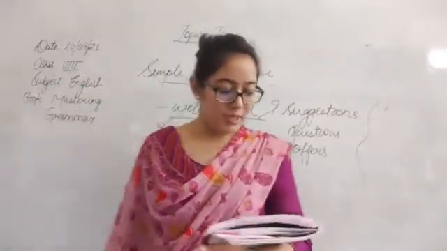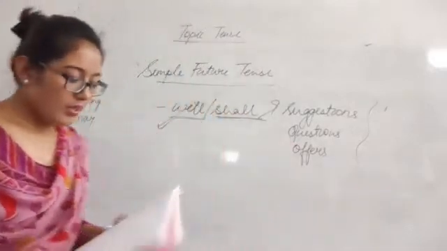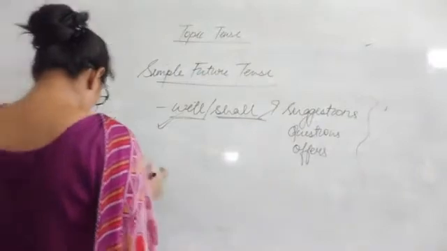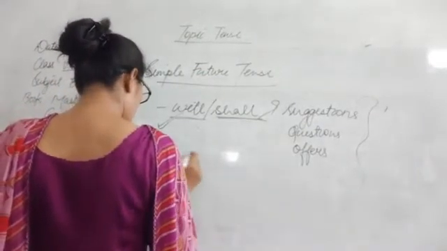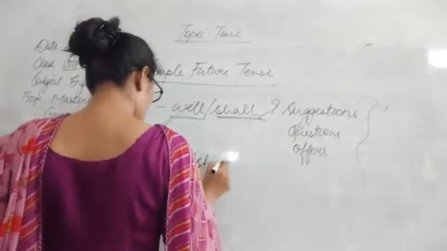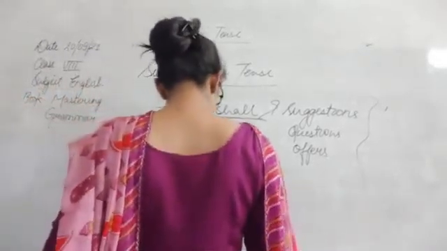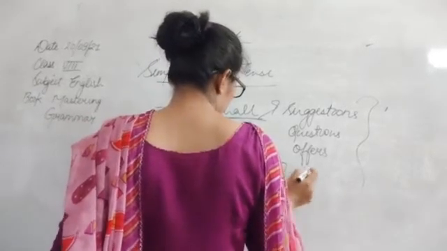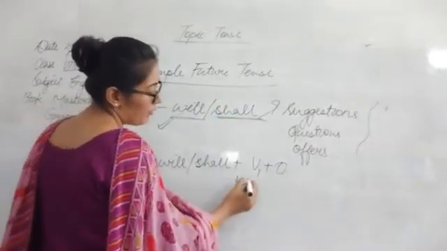Okay, so what would be the form of simple future tense? Subject plus will, shall, plus verb first form, plus object. And if we are talking about negative, add a not.